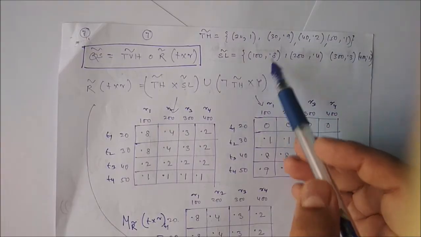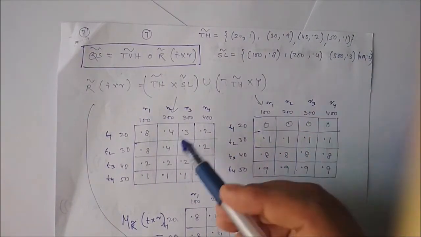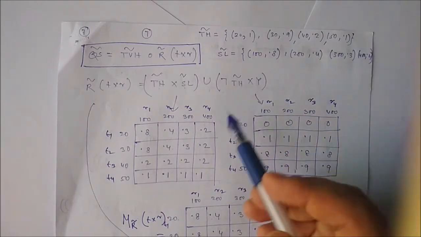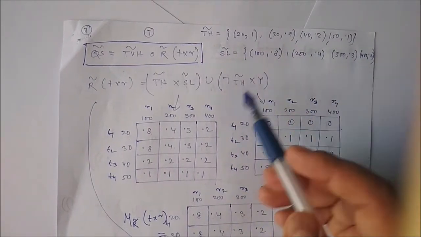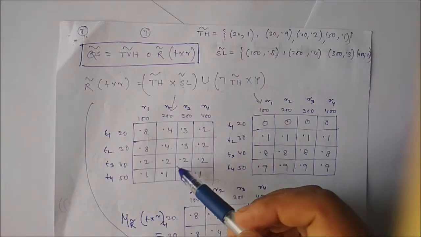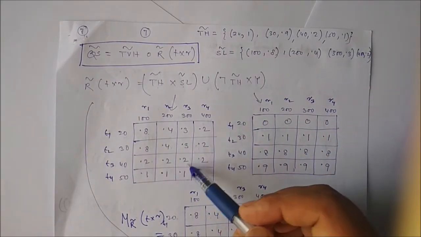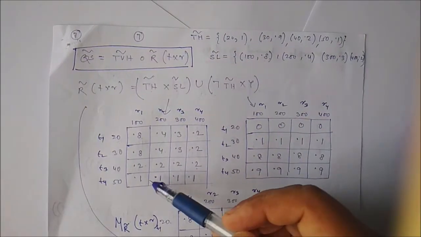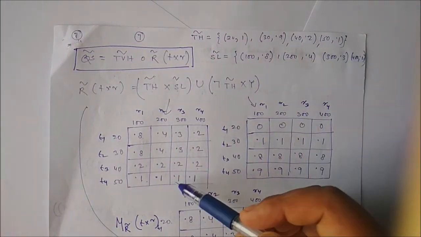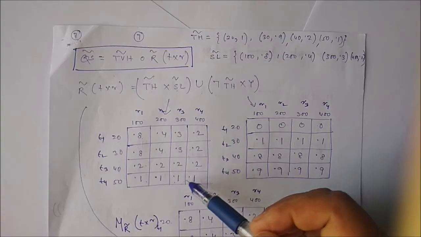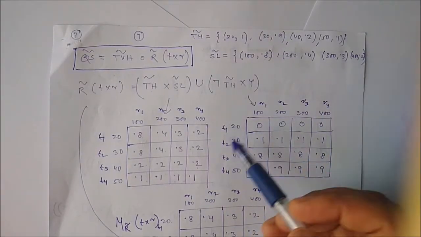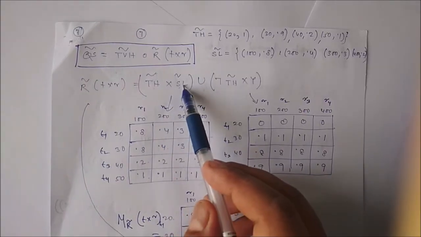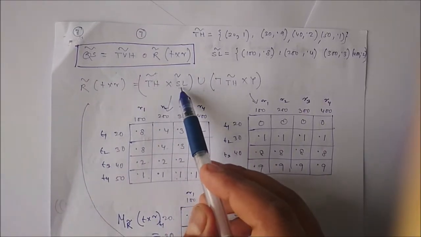Similarly 0.9 with 0.8 gives 0.8, 0.4 gives 0.4, 0.3 gives 0.3, 0.2 gives 0.2. Then 0.2 with 0.8, 0.4, 0.3, 0.2 gives 0.2 each, and 0.1 with 0.8, 0.4, 0.3, 0.2 gives 0.1 each. So here you get TH cross SL, temperature is high and slow.